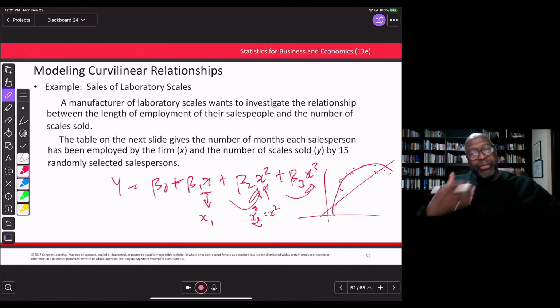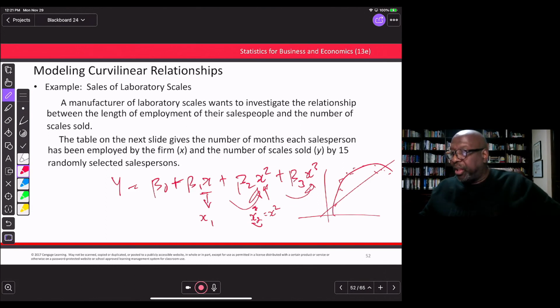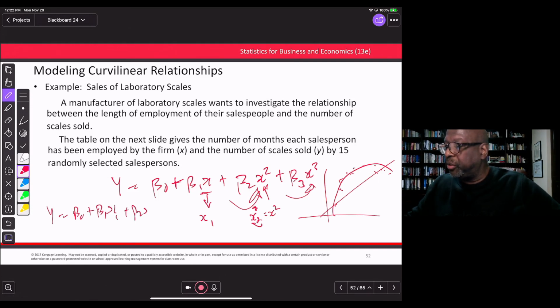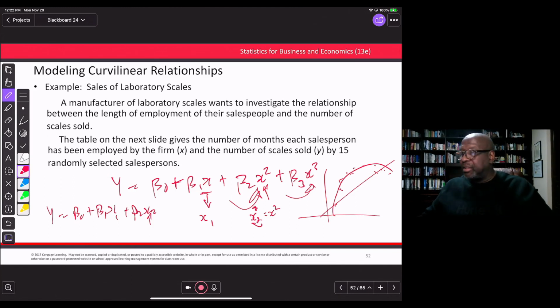And now you do the multiple regression, where essentially you would have y is equal to beta 0 plus beta 1 x1 plus beta 2 x2, except that the values of x2 happen to be the squared values of x1. And you could try to fit the regression equation that way. So it's a nice little trick in terms of being able to do this.